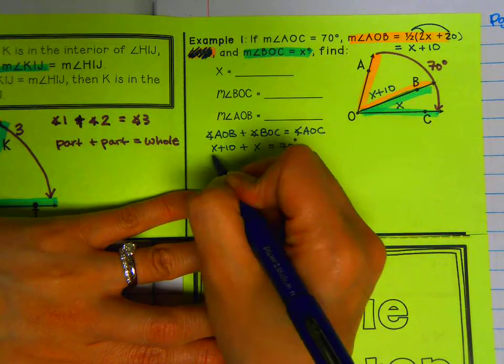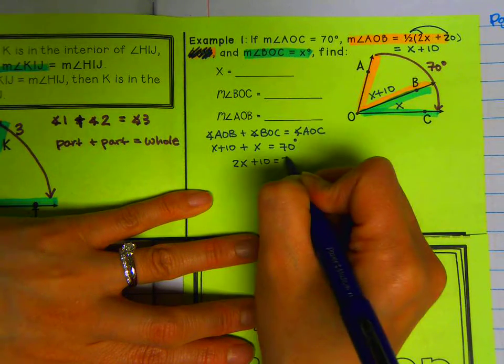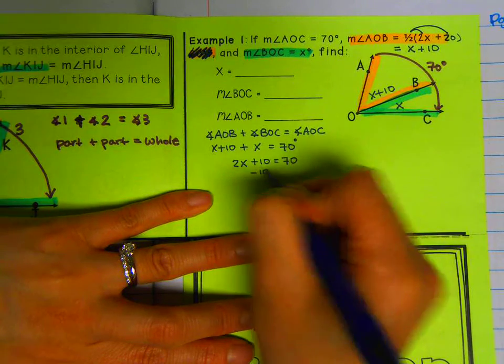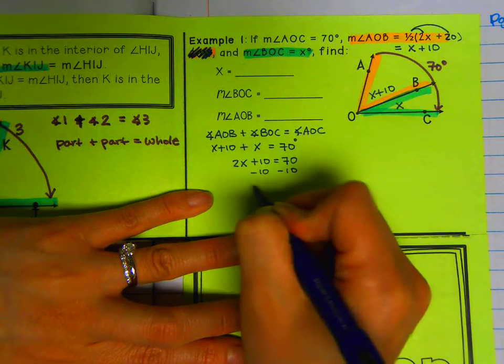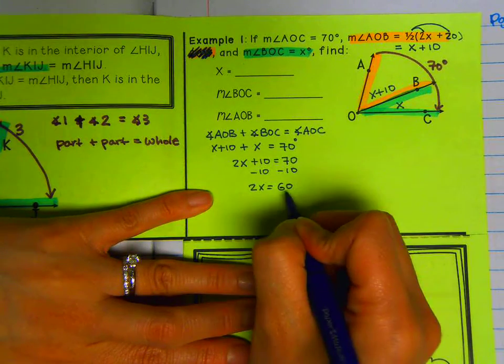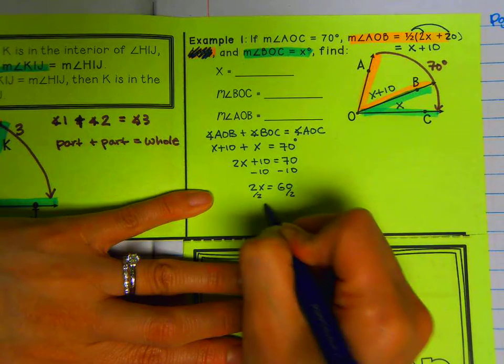Then I can combine like terms: x plus x is 2x. I bring the 10 down, and then we subtract 10 on both sides. 2x is equal to 60. When we divide by 2 on both sides, x is equal to 30.